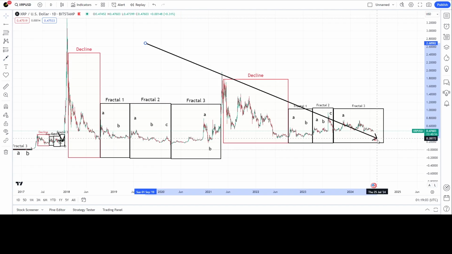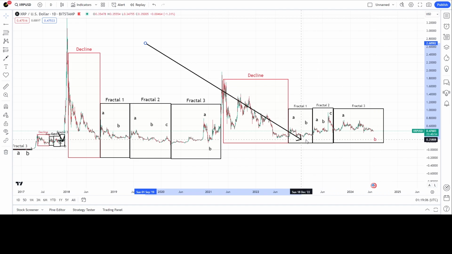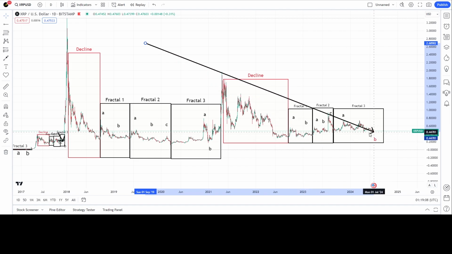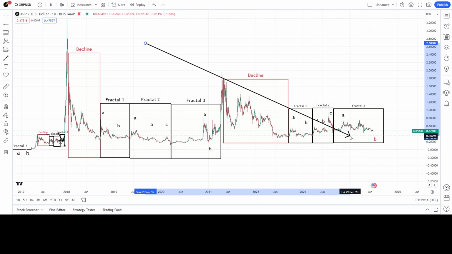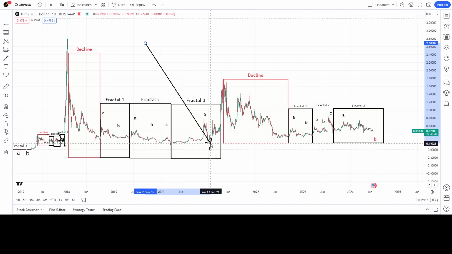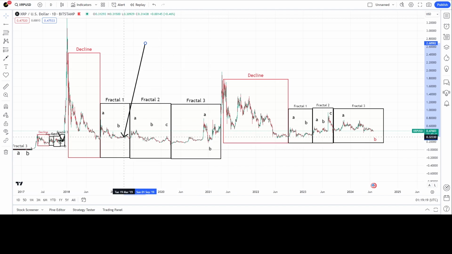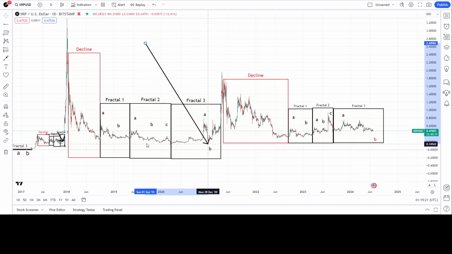So this one could potentially drop, my guess is somewhere in this zone here, the lower part of this current range-bound time, just like this one dropped pretty low, almost to a complete low of this range-bound time.